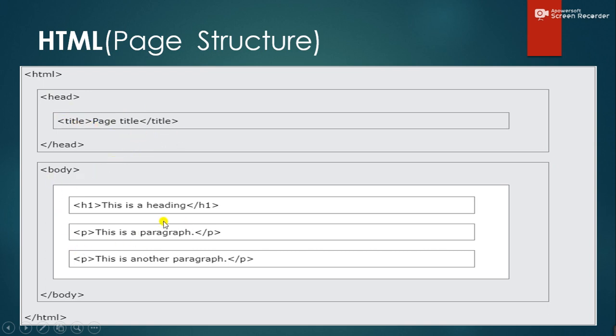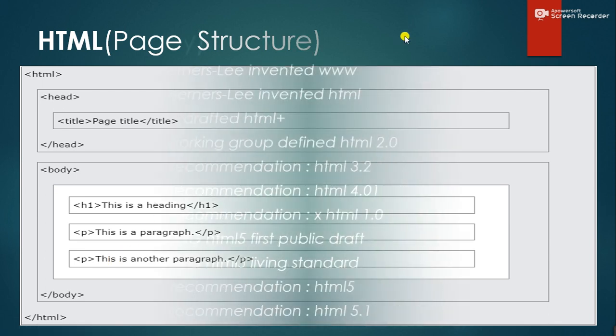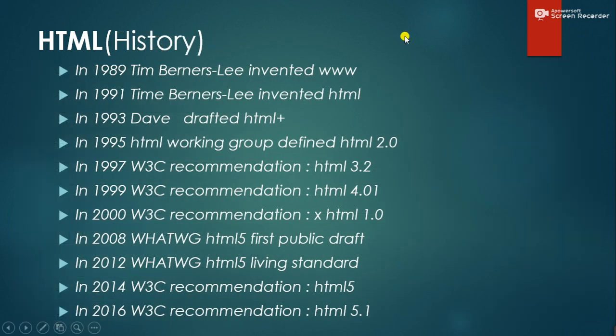Inside the body we have three tags, h1, p and another p. So from this you can understand the basic syntax of HTML very easily. Now move forward to our next slide.